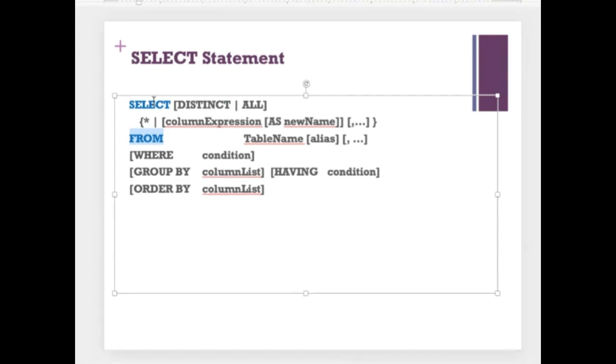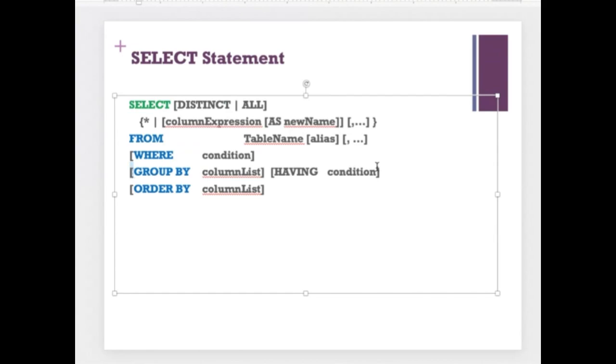Select is a statement, from is a clause, where is a clause, group by is a clause. We call them clauses. You see this clause written in brackets, it is optional. You can write an SQL statement without it because it is an option.